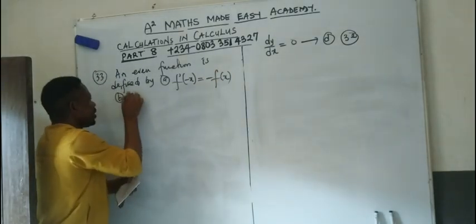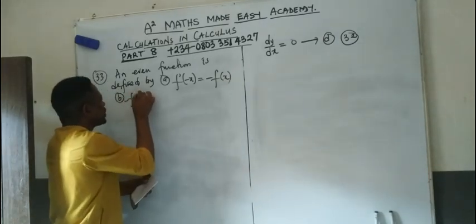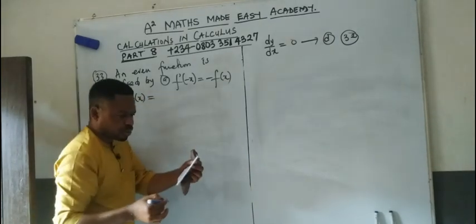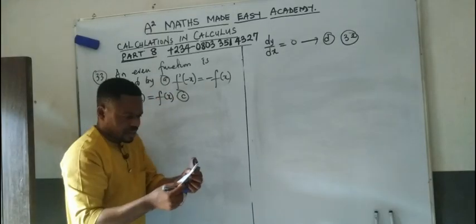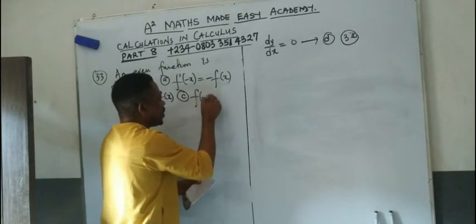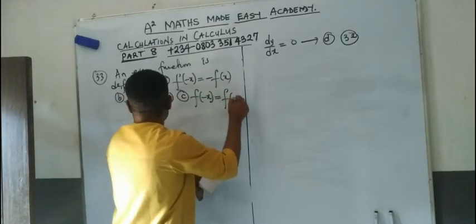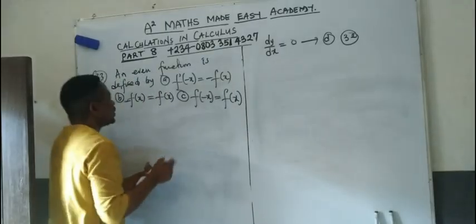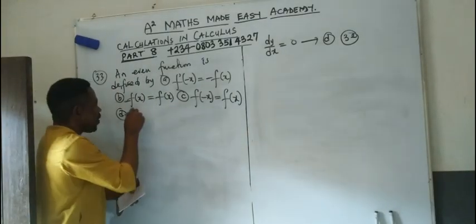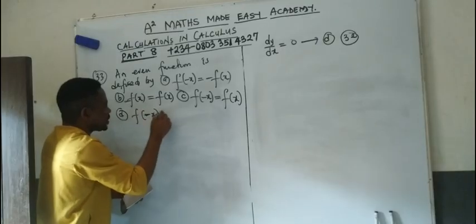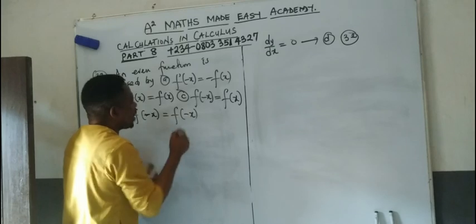Option B, f of minus x is equal to f of x. Then option C, f of minus x is equal to f of x. Then option D says f of minus x is equal to f of minus x.